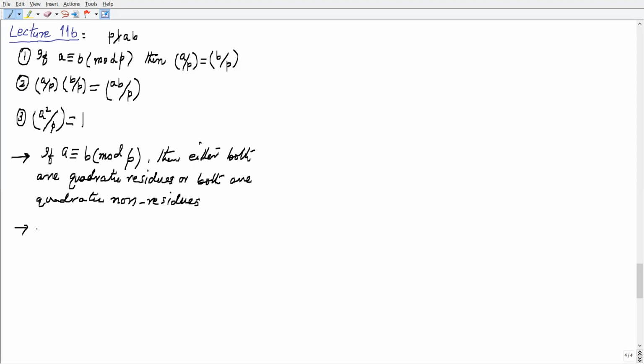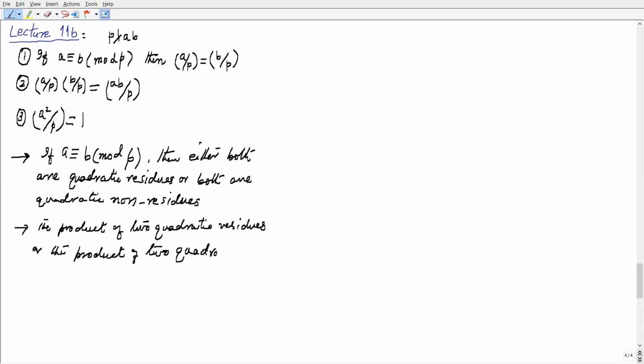The second thing is that the product of two quadratic residues, or the product of two quadratic non-residues, is always a quadratic residue.